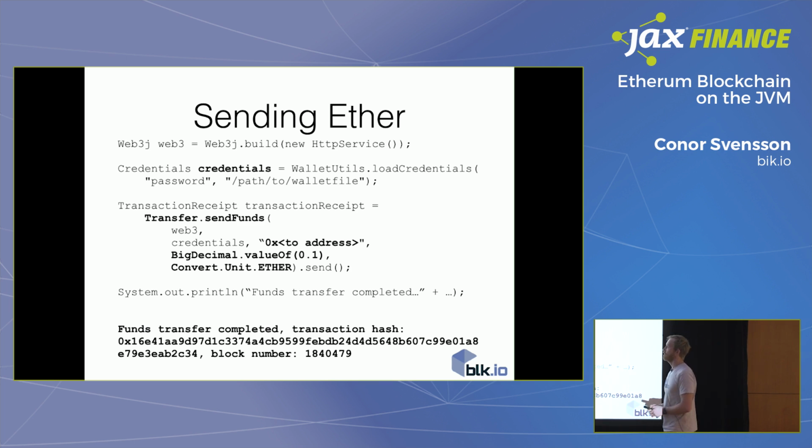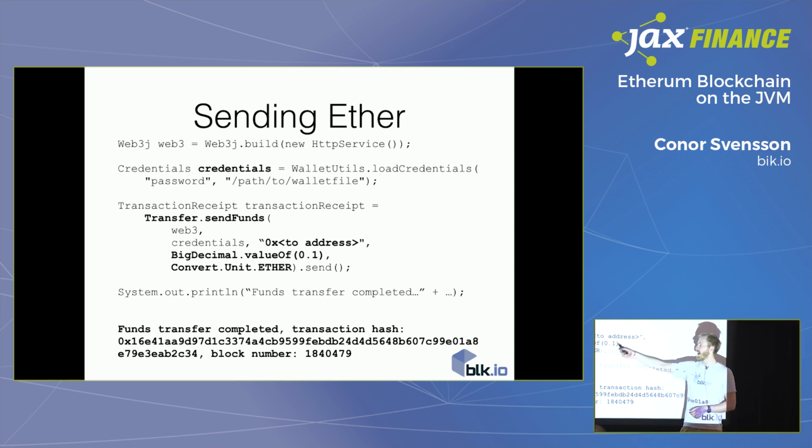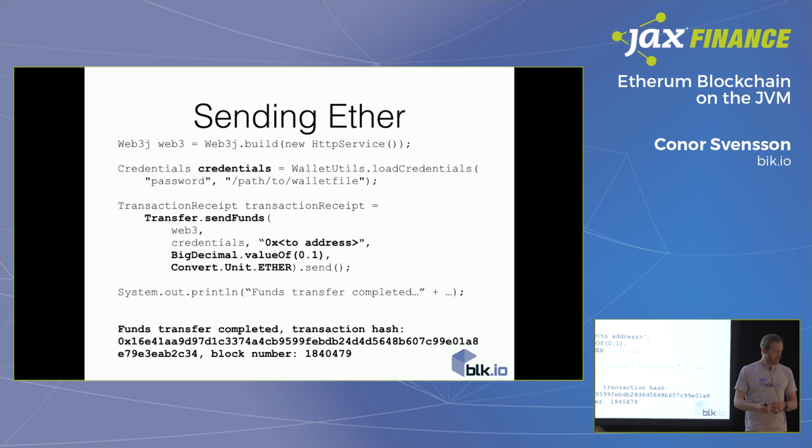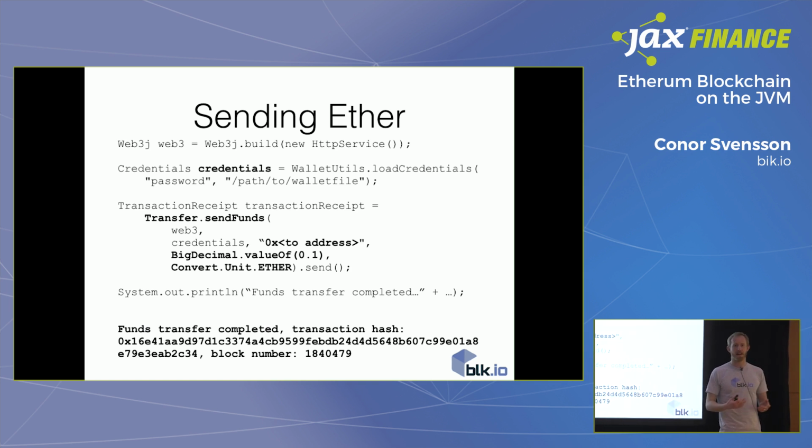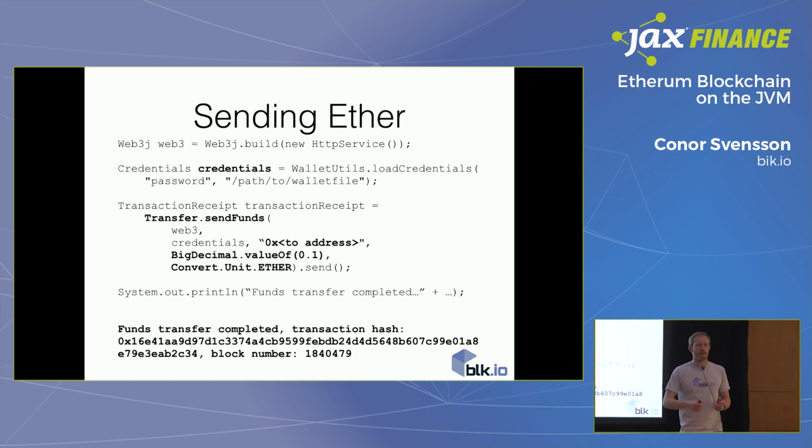Then what you can do is send some funds to an arbitrary address and say how much you actually want to send in Ether, and then it sends that through. It's fun stuff to be doing when you're playing around with the library, just seeing real crypto funds go from one person to another, from one entity to another, just with the code here.